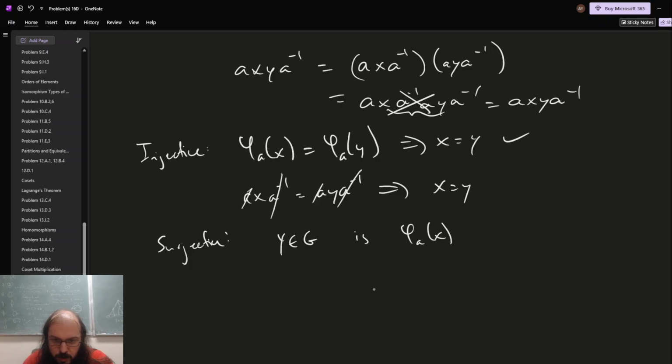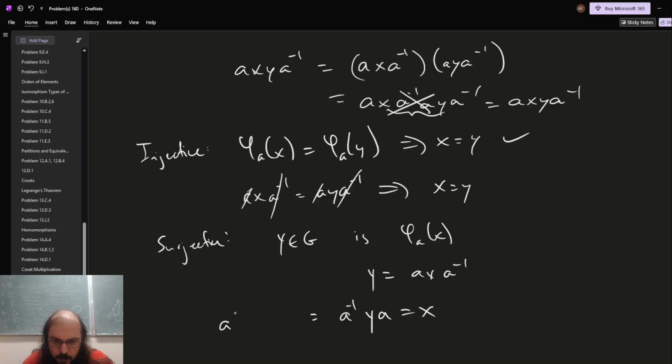Well, if I have a y, let's see, what's the simplest way to say why this is? I want to solve y equals A x A inverse. So now I write A inverse y A equals x, multiplying on the left and right.